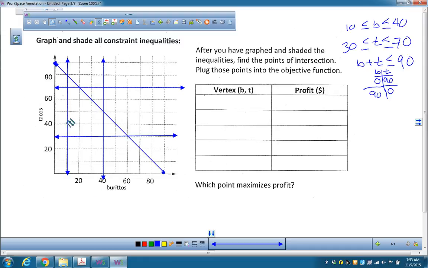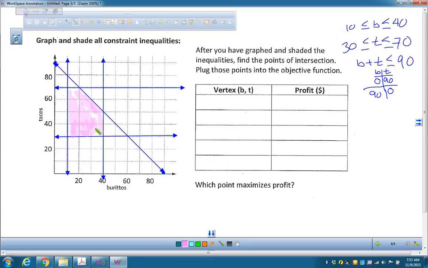Now, this area right in here is greater than or equal to 10 and less than or equal to 40, greater than or equal to 30, less than or equal to 70, and then B plus T is less than 90 is actually going to be below this line. Okay?